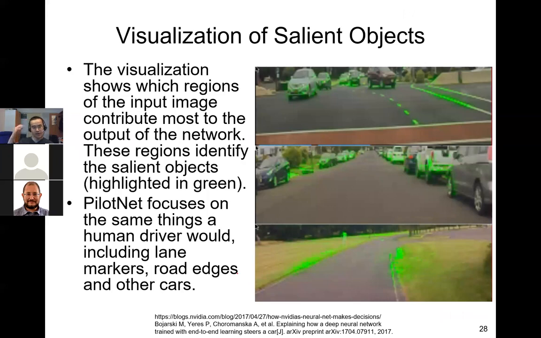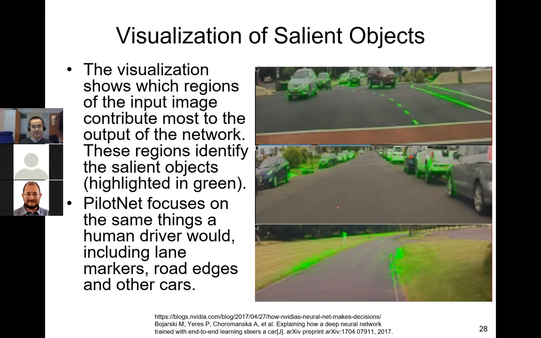So this shows the visualization of a salient object. Salient object is which regions of the input image contribute most to the output of the network. So the green part. You can see that PilotNet focuses on the same things a human driver would, including lane markers, road edges, and other cars.